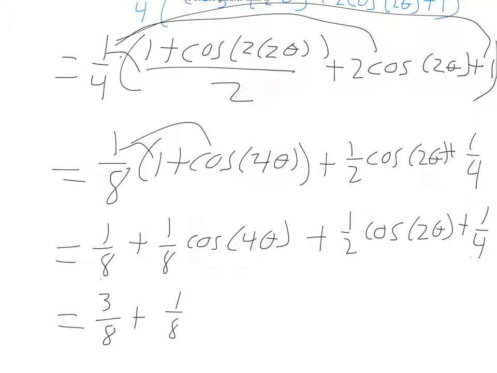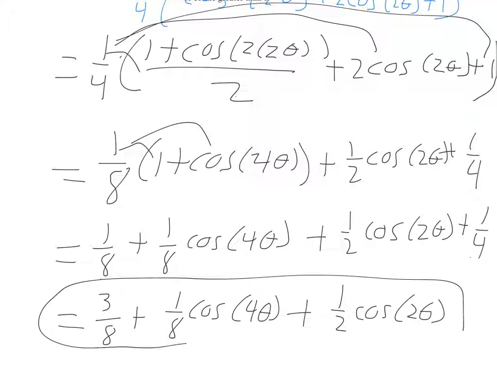Plus 1/8 cosine of 4 theta. Plus 1/2 cosine of 2 theta. And look, we now have powers of cosine to the first power. It's not like cosine squared or cosine to the third or anything, so we're done.